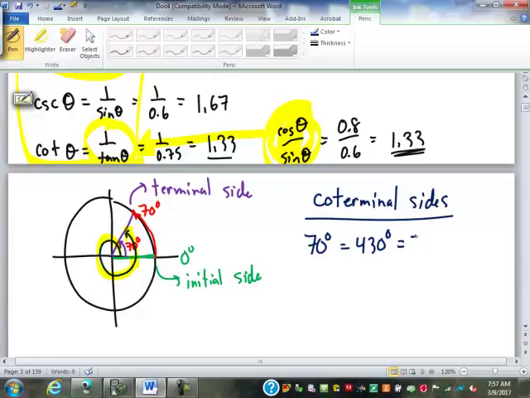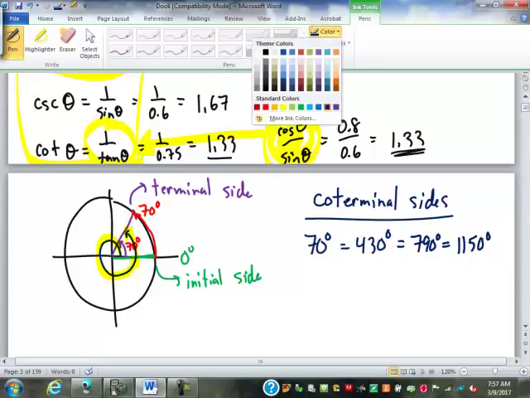The next one would be 790 degrees. That's around twice. Each time, of course, I could add 360 degrees. So the next one would be, what, 1150, I believe? And we keep going. There's an infinite number of angles that will have the same terminal side.